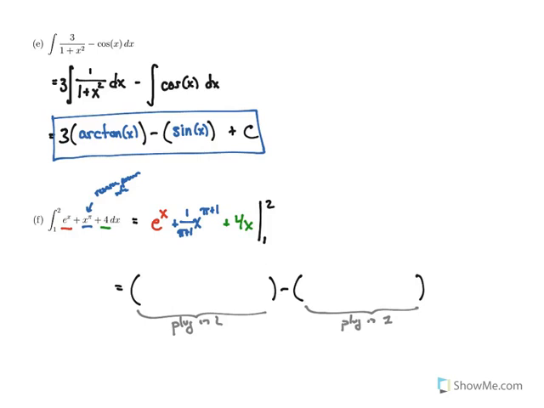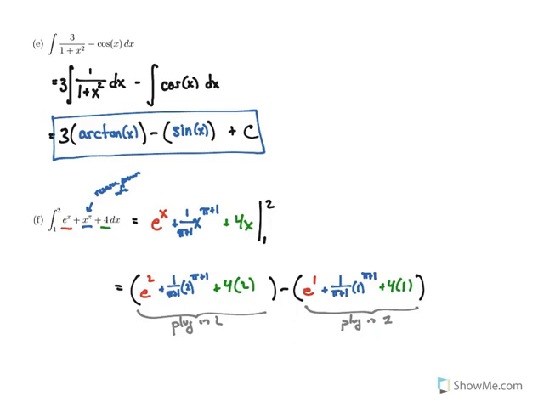So we have e to the 2, e squared, plus 1 over pi plus 1, 2 to the pi plus 1, plus 4 times 2, and then the same thing plugging in 1: e to the first, 1 over pi plus 1, 1 to the pi plus 1, 4 times 1. There's some simplifying you might be able to do there.